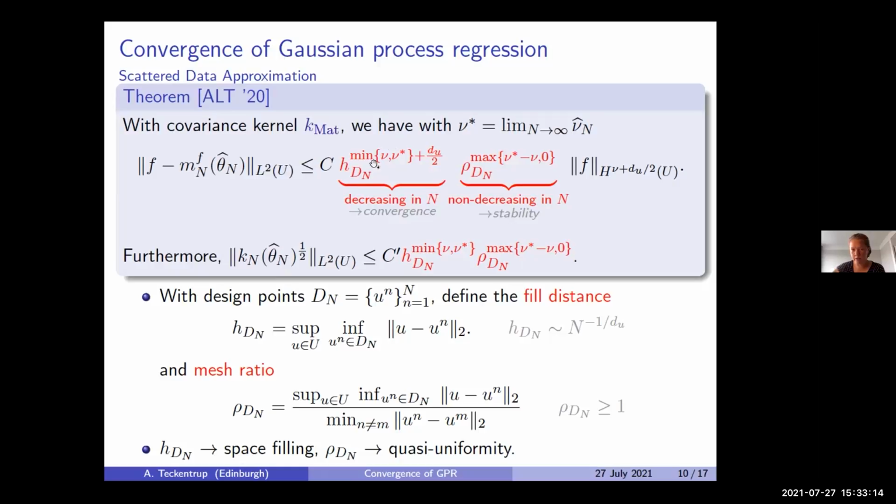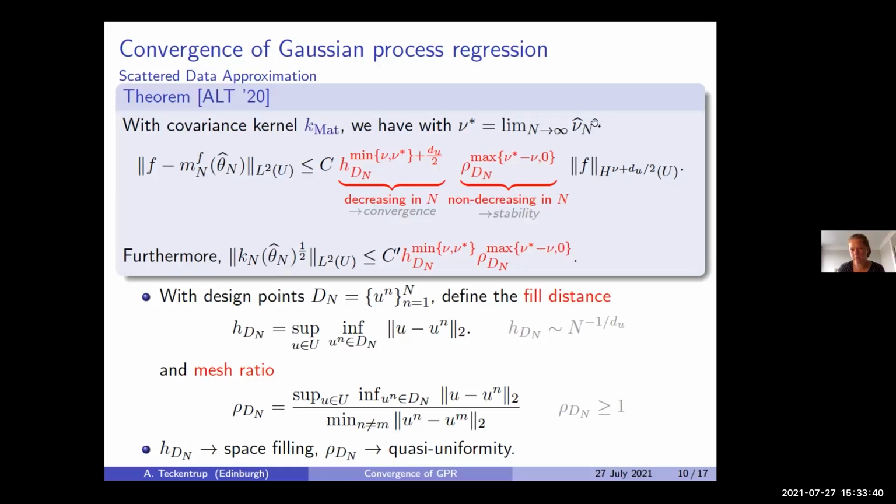The rate that you get depends both on how smooth your function f is. So you see that the nu appears here, and that was related to something that we assumed on f. The more derivatives f has, the larger nu is, and the faster the rate will be. It also depends on our estimated smoothness. So the nu star here is the estimated smoothness.